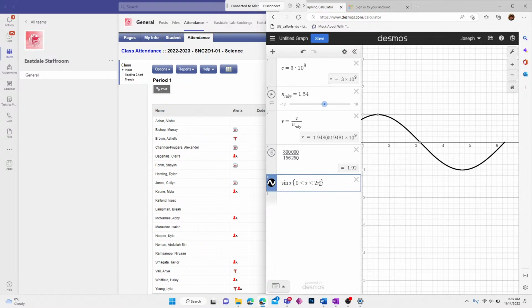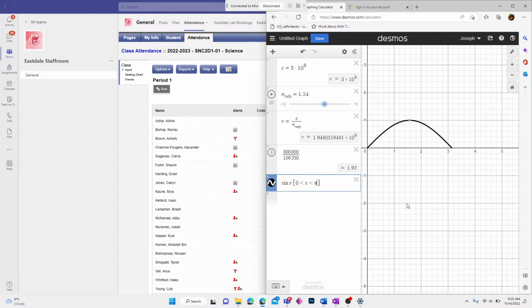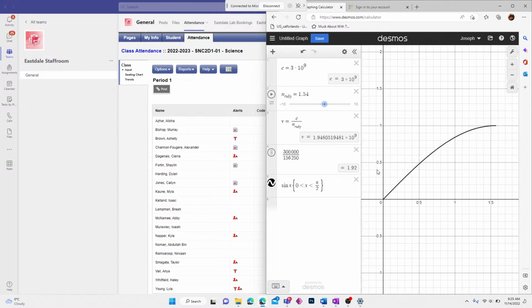Yeah, you've probably heard of a sine wave before, but this is the relationship. That's 0 degrees, that's 90 degrees, and that's how it looks.